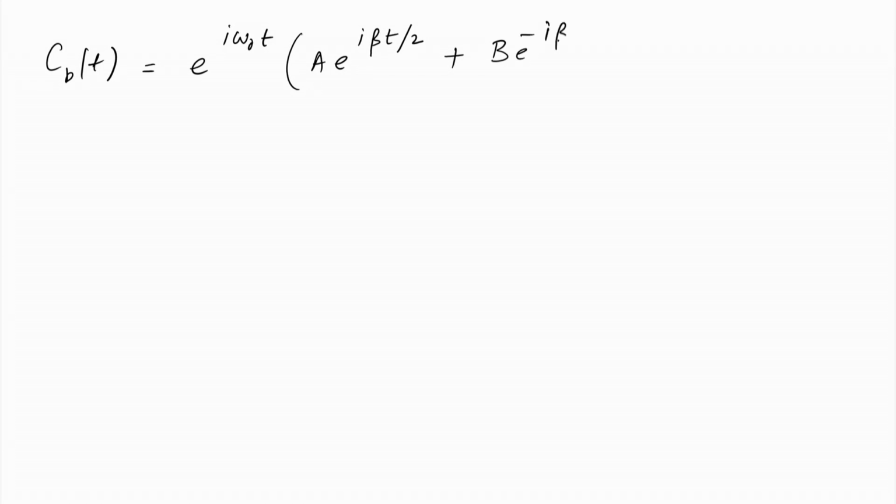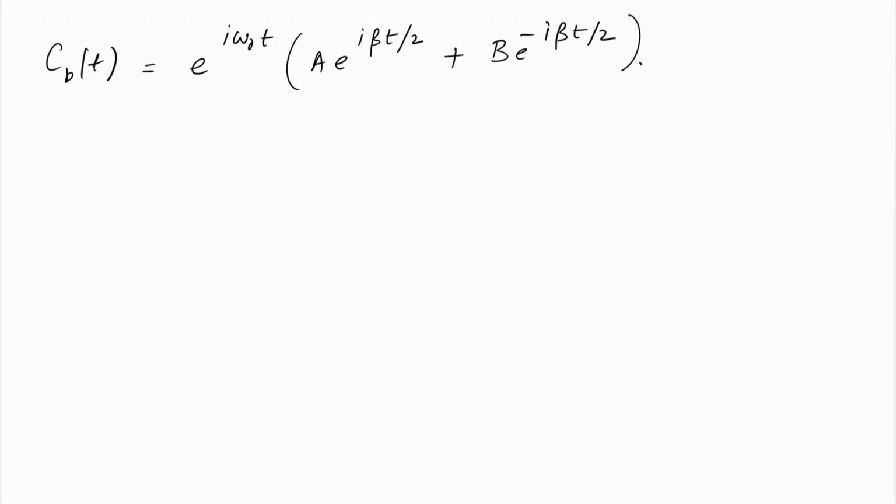So, we can write down now C_b of t, which is taken as exponential lambda t. So, we can take the solution as exponential i omega naught t times a exponential i beta t by 2 plus b exponential minus i beta t by 2.